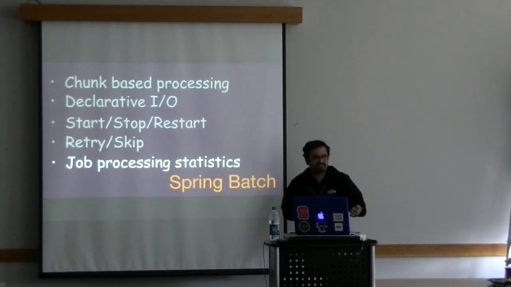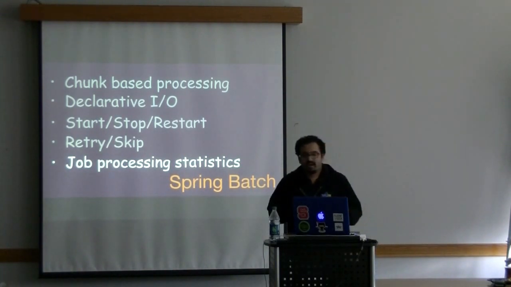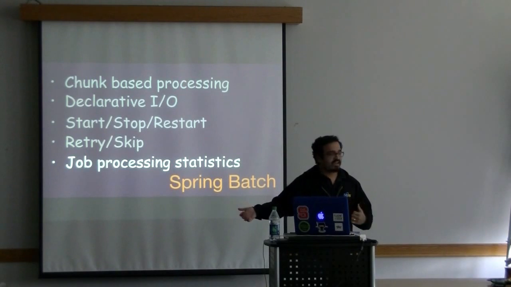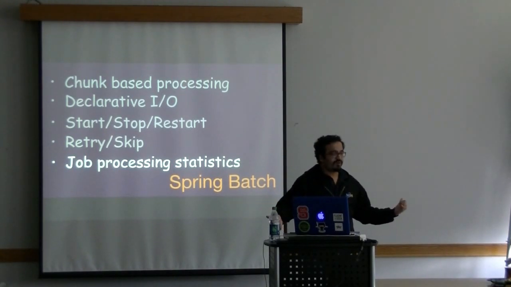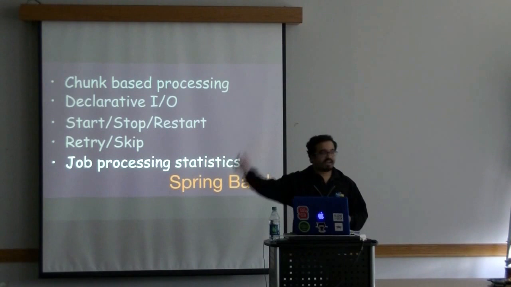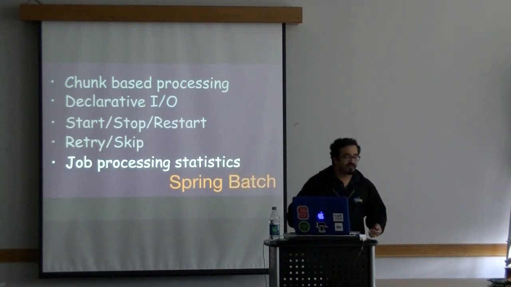Job processing statistics comes to your point where you asked about updated content. What this basically gives us is a way to look at historic data of what you did. Say, for example, there was a Grabbit sync done for 50 paths today, and you want to do the same thing next week, but you only want new or updated things from them.